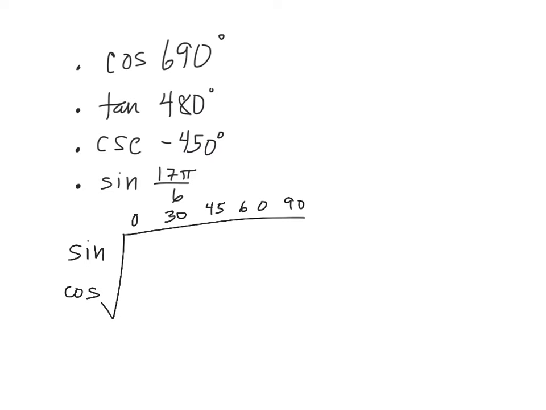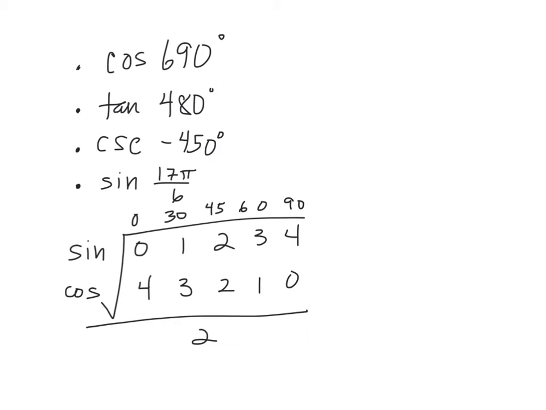These are the degrees. In sine, we count up from 0. In cosine, we count down. And whatever answer we get, we divide it by 2. This is a table that I use to help remember those coordinates at 30 degrees, at 45.